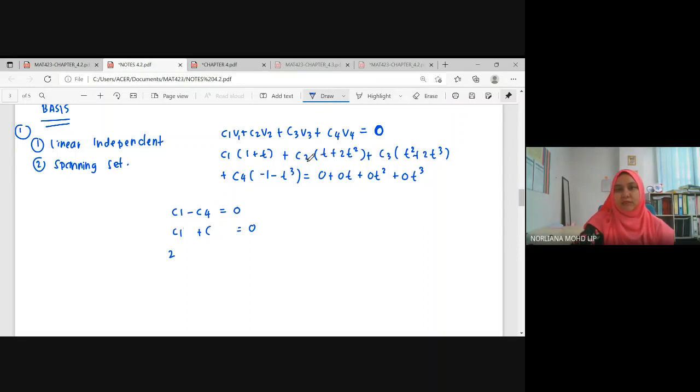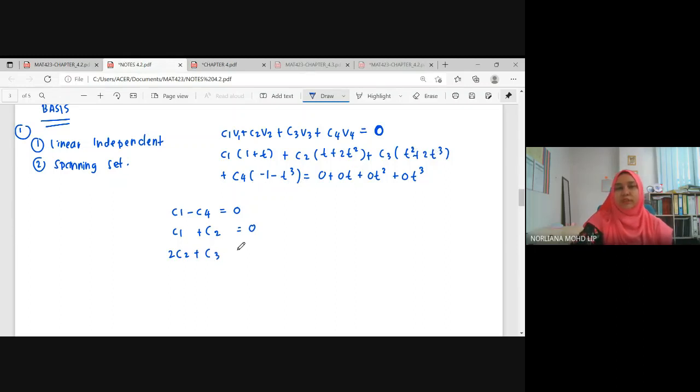Plus yang kedua ni 1 juga. So ni tadi c1 tak ada di t square. c2 ada 2 lah. 2 c2 kan. c3 ada 1 plus c3.